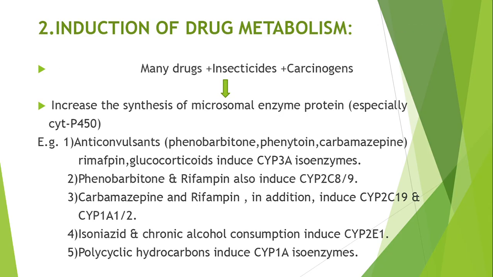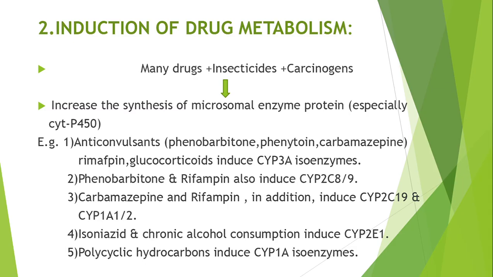So then coming to induction of drug metabolism, many drugs, insecticides and carcinogens increase the synthesis of microsomal enzyme protein, especially cytochrome P450. For example, anticonvulsants, phenobarbital, phenytoin, carbamazepine, rifampicin, glucocorticoids induce CYP3A isoenzymes. Then phenobarbital and rifampicin also induce CYP2C8/9.